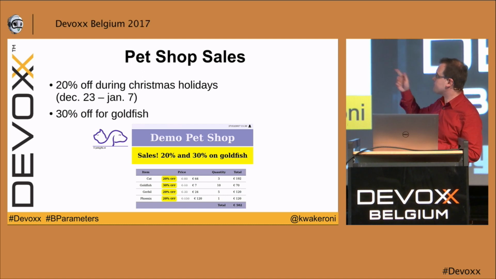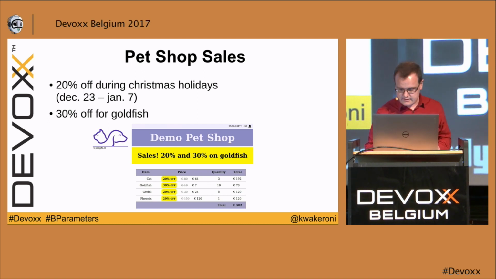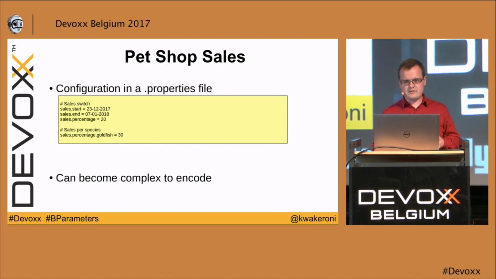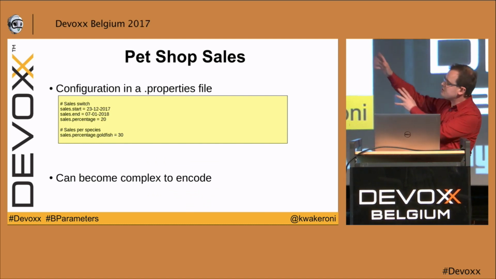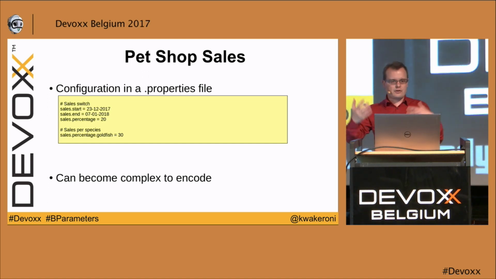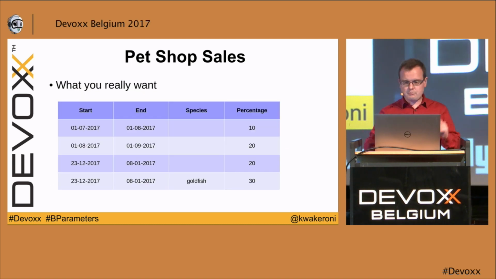So that becomes even more complex. If you want to have that in a properties file, you could do something like that. But as your requirements evolve, that can become quite complex, difficult to manage, and you'll have problems.